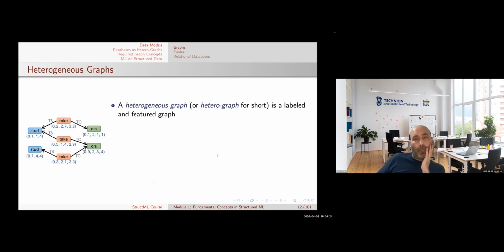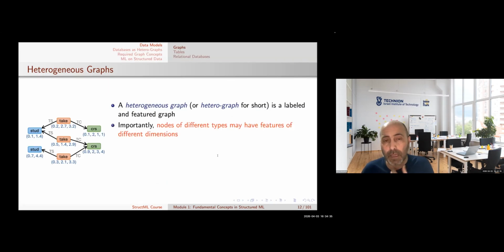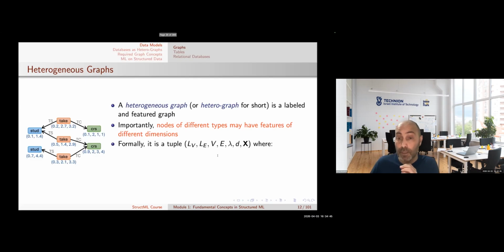Now, when we combine labels and features, we get what we call a heterogeneous graph, or a heterograph for short. Importantly, nodes that have different types may have features of different dimensions.